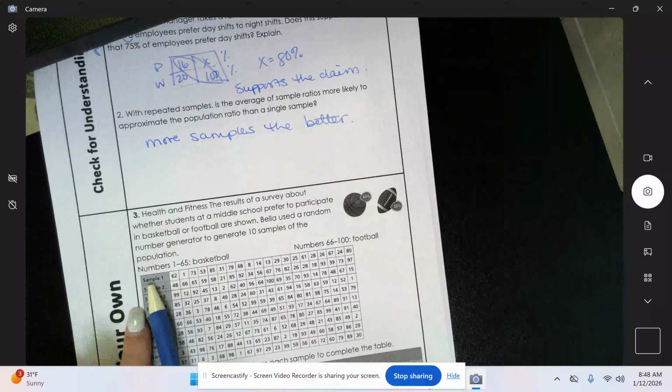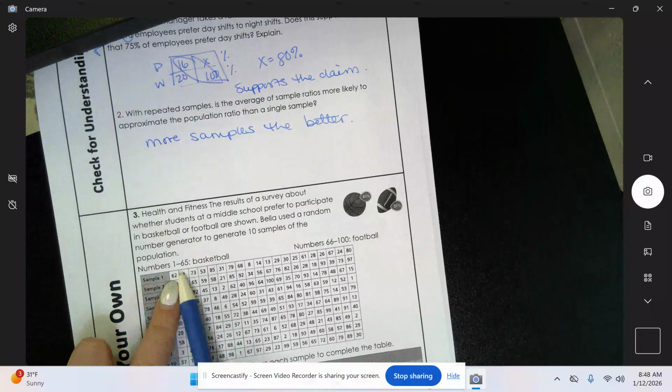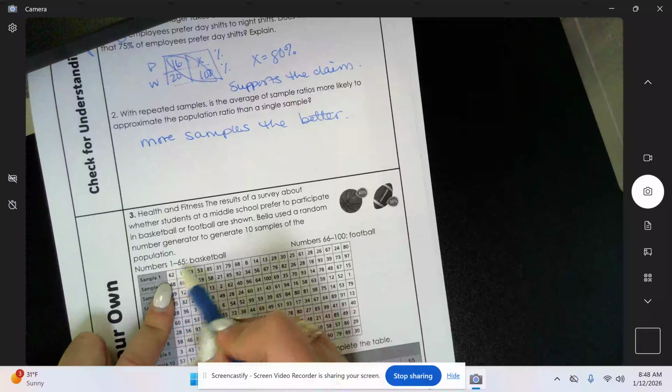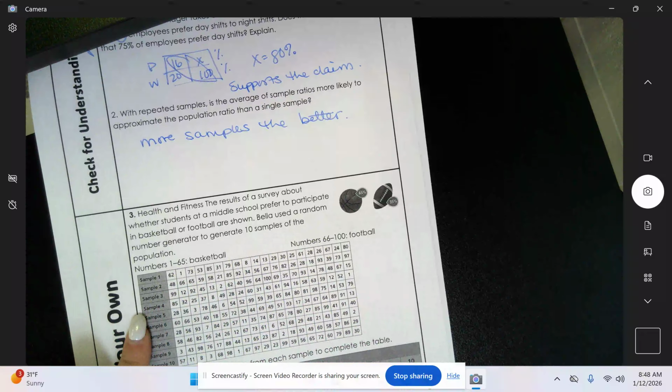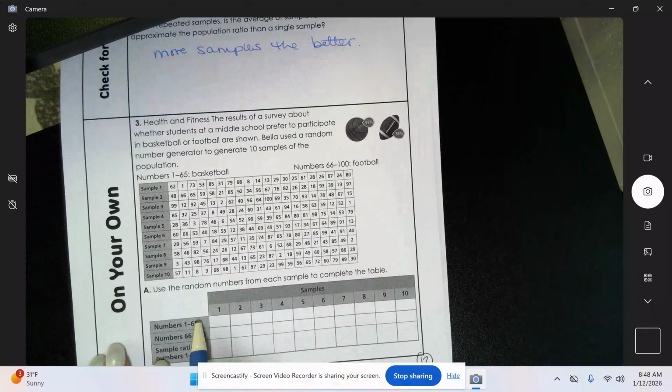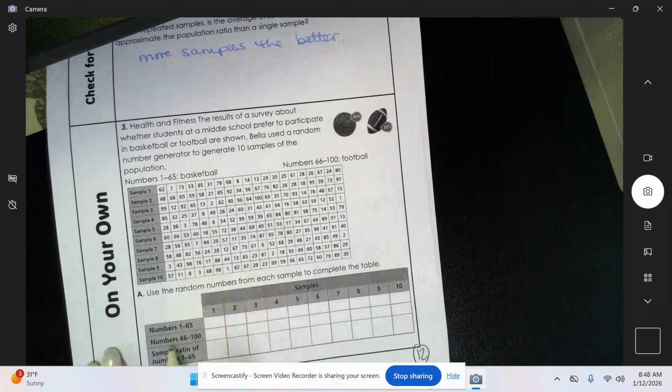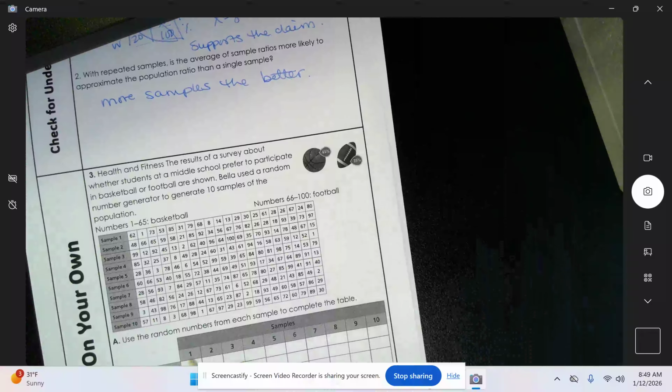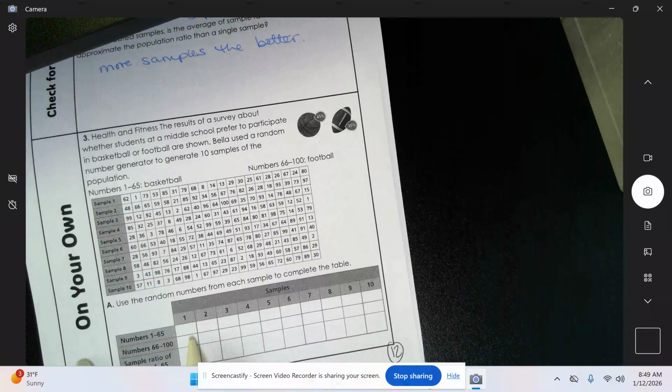For this one, number 3, what you have to do is you have to go through each sample, sample 1, and you need to tally or count. What I did is I circled all the ones that were 1 through 65, and I put a check mark on the ones that were 66 to 100, and then counted them up, because this isn't a very big space for tally marks. Does that make sense?